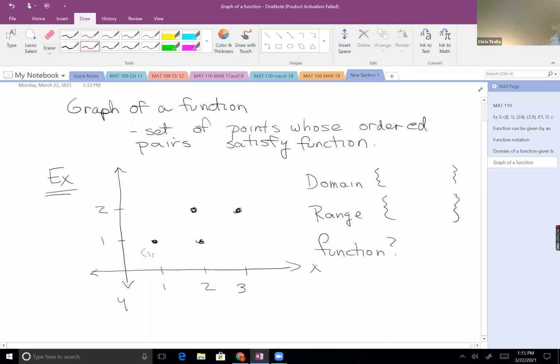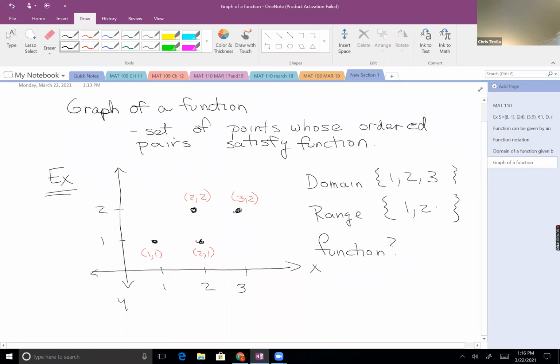This would be the point (1, 1). This would be the point (2, 1). This would be the point (2, 2). And this would be the point (3, 2). So the domain would be the x values of those points: 1, 2, 3. The range would be the y values of those points: 1 and 2.